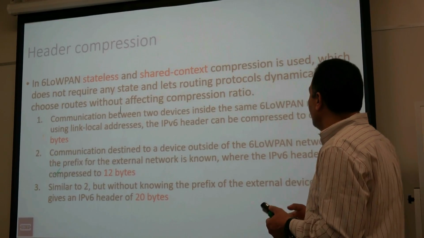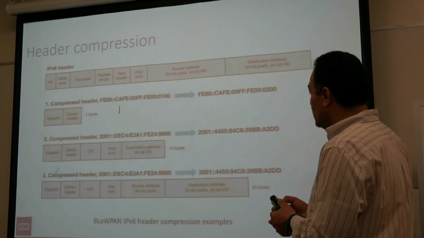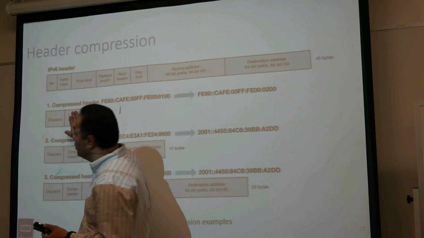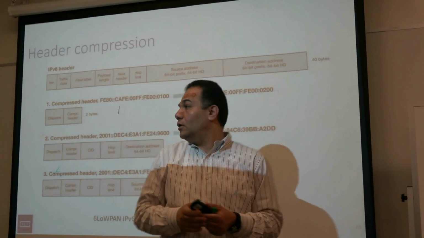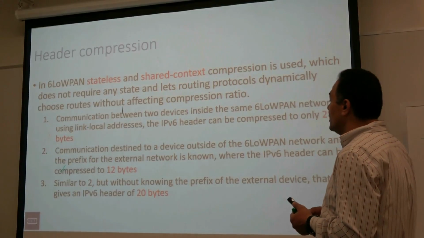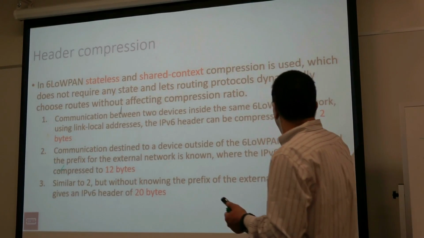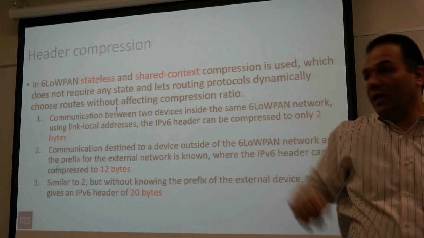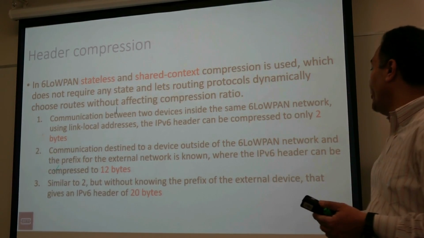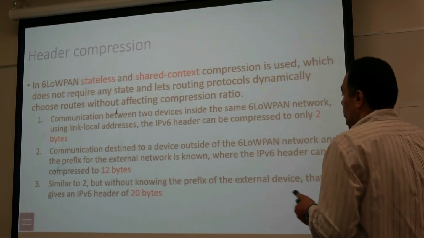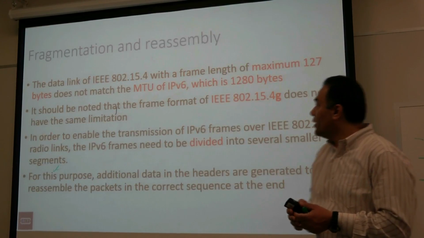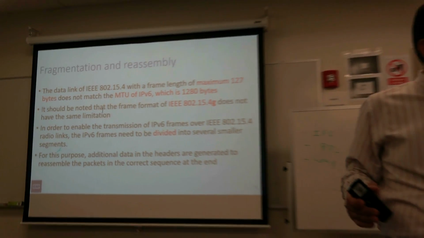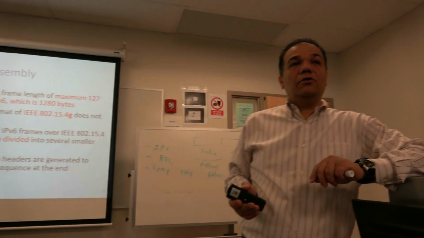So the IPv6 header can be compressed to just the link address. In the second one, communication is to a device outside the network, so we're going out of that circle. Then it could compress to 12 or 20 bytes. There is a mechanism for that. I'm not explaining the mechanism here, but you can go to the RFC and learn it.